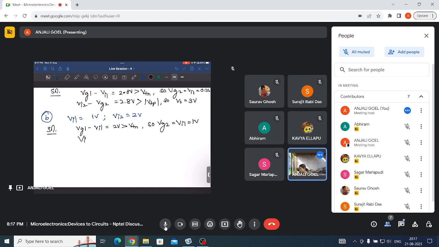Vi2 minus Vg2 is equal to 1 volt, which is greater than Vtp. So V0 is equal to 2 volt.